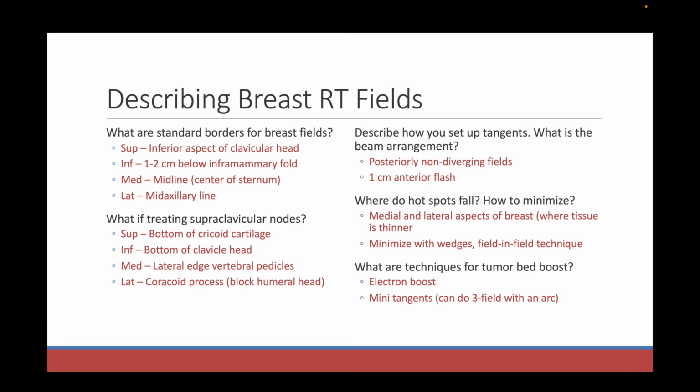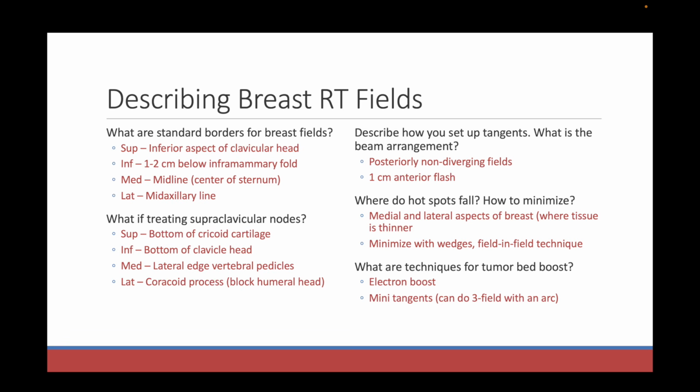The final 2 slides that I have for this talk are radiation fields and planning considerations for breast. So when you describe your breast radiation fields, you should be able to state your standard field borders, right? So for normal breast radiation, we treat superiorly to the inferior aspect of the clavicular head, and we go down 1 to 2 centimeters below the inframammary fold.